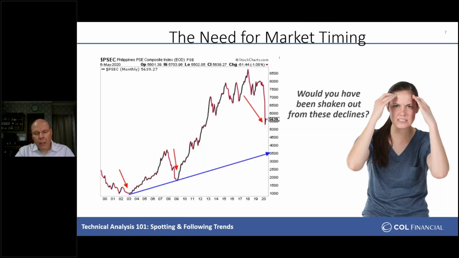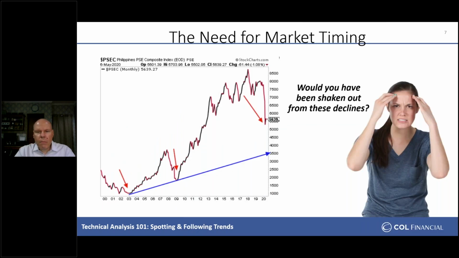Now, you might say, I'll just buy a stock and stick it out for the longest time, and I know that at the end of the day, prices will eventually recover and go to a new high. Yes, that may be right. The problem I'm seeing, though, is how long can you tolerate that in between? There may be instances in our market where some declines may be quite arduous.